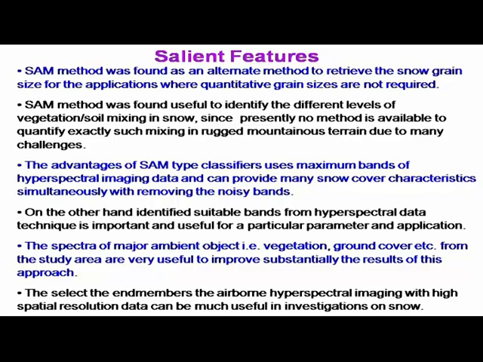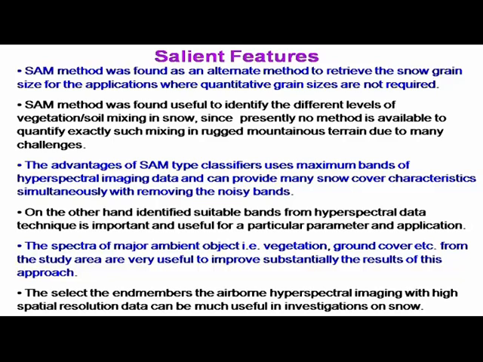Then the advantage of this type of classification is that it uses maximum bands of the hyperspectral imaging data and can provide many snow cover characteristics simultaneously, while removing the noisy bands.